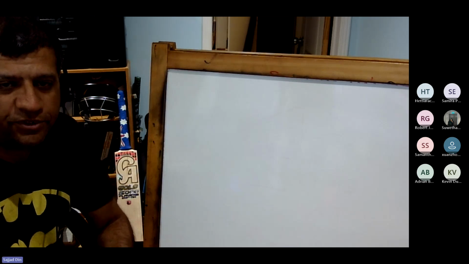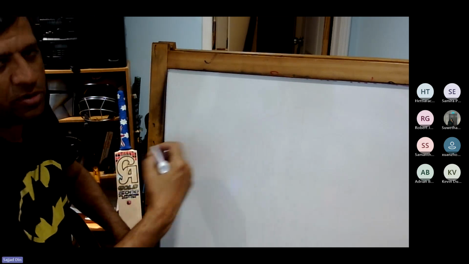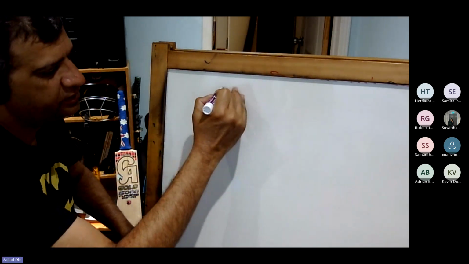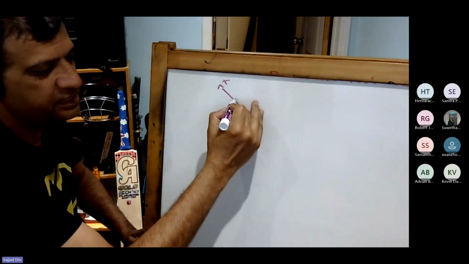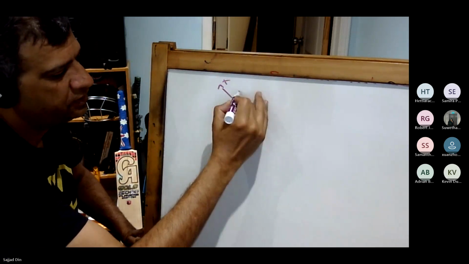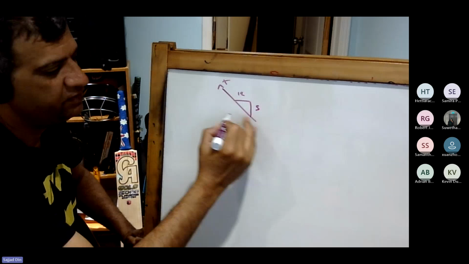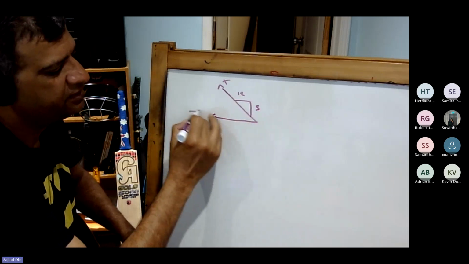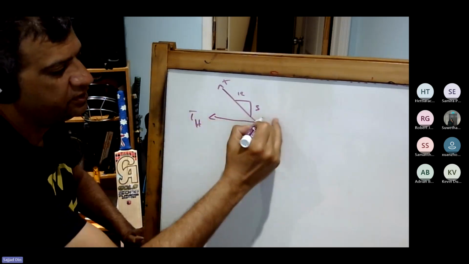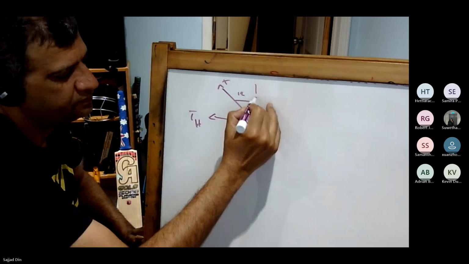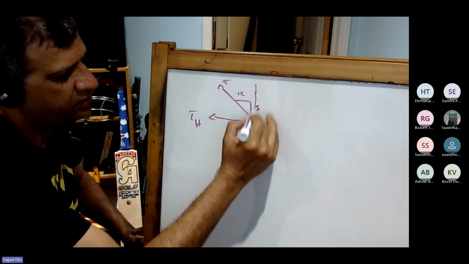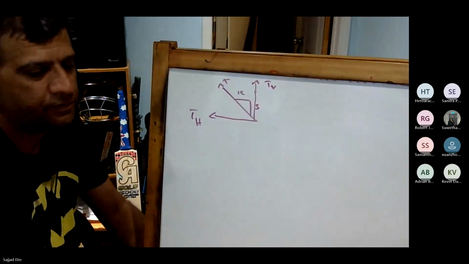Okay. All right. So remember what we did is, so we've got T, it's at a slope. So this is not to scale, 12 to 5. T horizontal, T vertical, right?